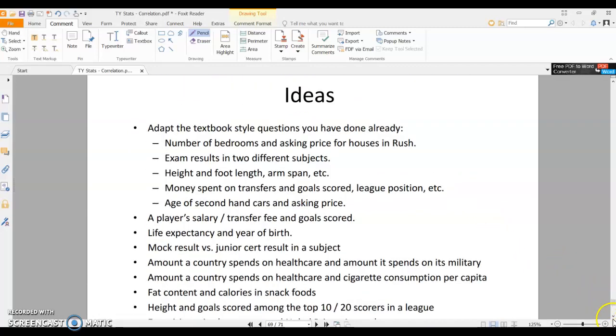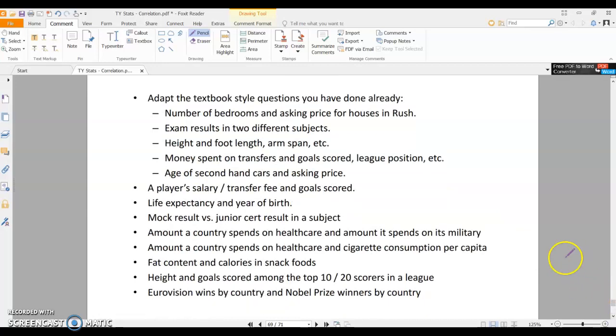Just some ideas for what you could do. You could adapt some of the textbook type questions that I would have given you all the way back when we did a couple of scatter plots in class before we closed. I would have got you to do one which was the correlation between the number of bedrooms in a house and the asking price for the house.